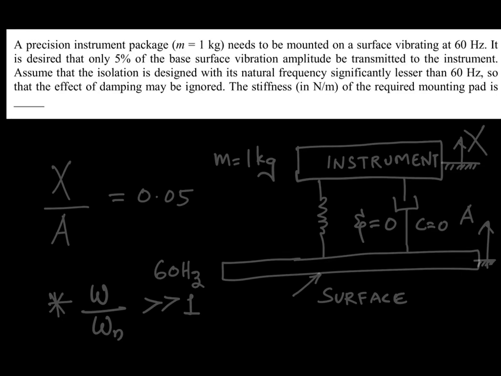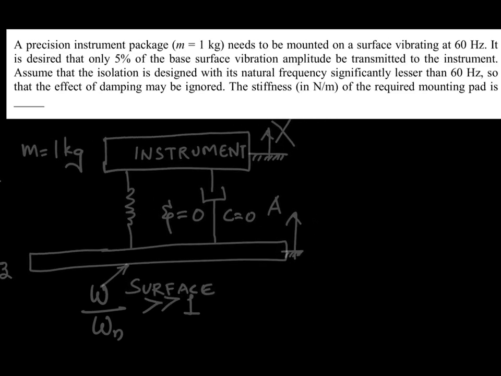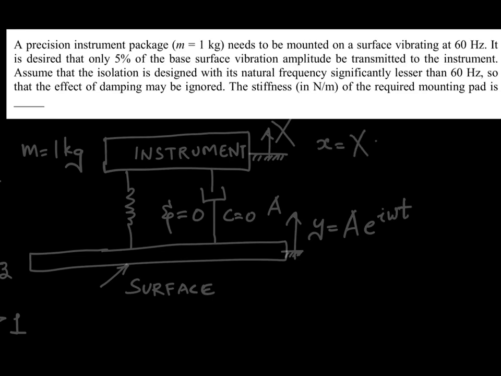Now, let's try to recap what we already discussed. So, let me make some space over here. If y is excited like this, e raised to i omega t, then my little x will have a response like this.